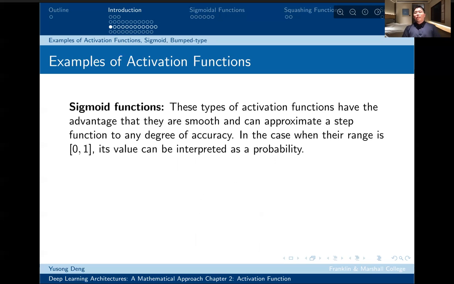Another thing here, we are going to talk about sigmoid. This type of activation function has a really strong advantage because they are smooth and they can approximate a step function to any degree of accuracy. And sometimes its range will be from 0 to 1, and in that sense, its value can be interpreted as probability.